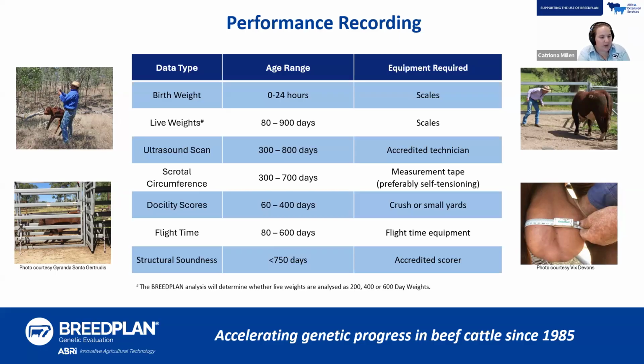So I'm not going to talk about flight time in detail in this presentation, but if it is a trait that you are recording, there is a tip sheet available on the website, or please feel free to reach out for further information and we can provide that. And we'll talk about structural soundness next time, but that is a trait that requires usually an accredited scorer to score the animals for structure.